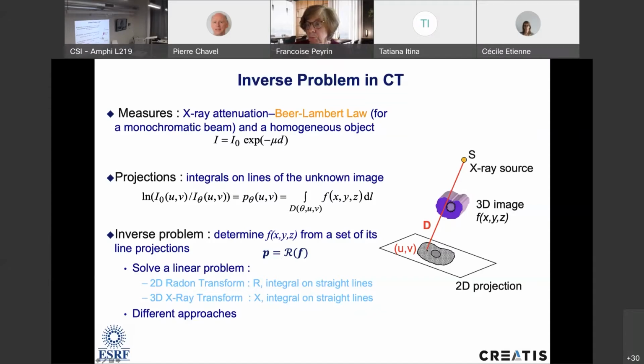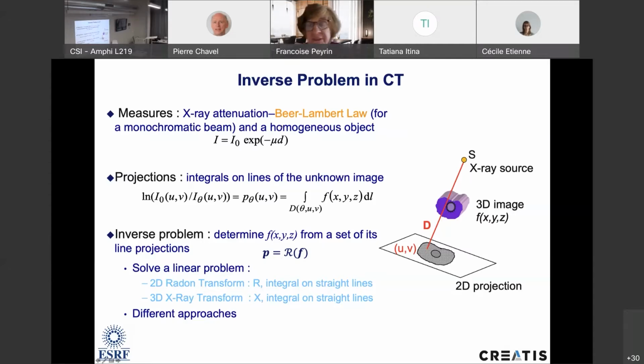So the measurement I at this point in the detector is equal to I0, which is the incident intensity, multiplied by exponential of minus mu times d. So d is the length of the homogeneous object, and mu is the linear attenuation coefficient of this object for this energy.